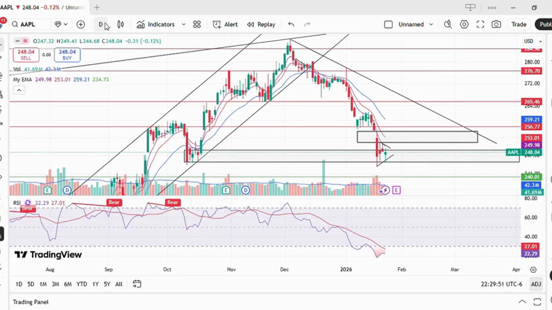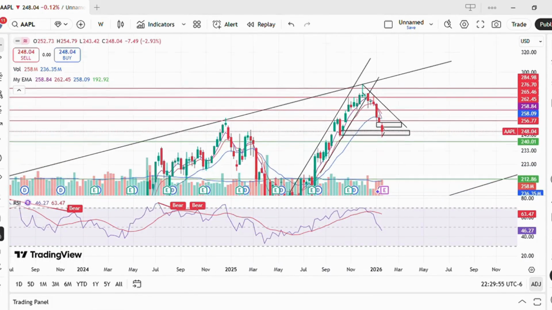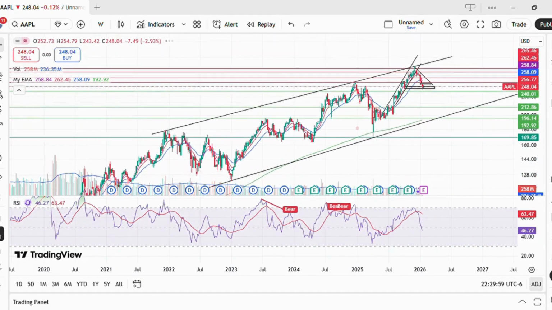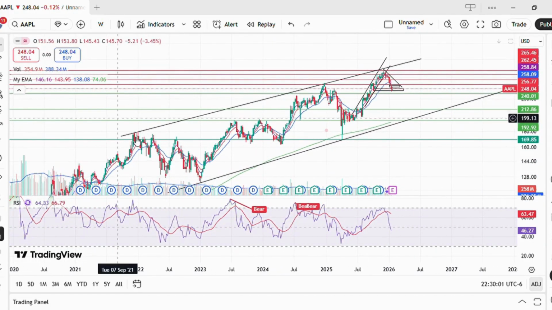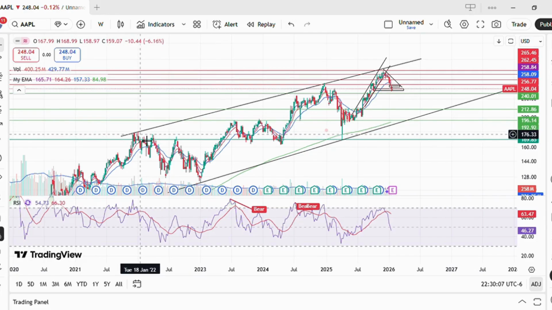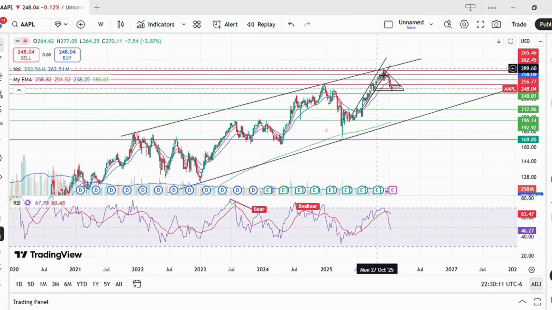Looking at the weekly time frame, the larger time frame, interestingly the price is coming down from critical trend line resistance.